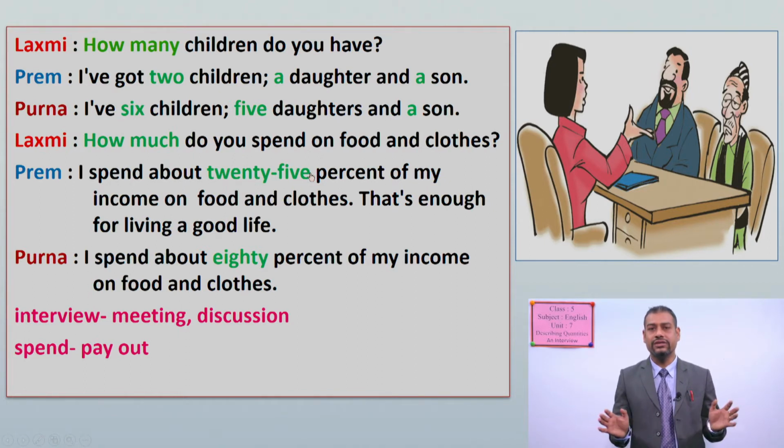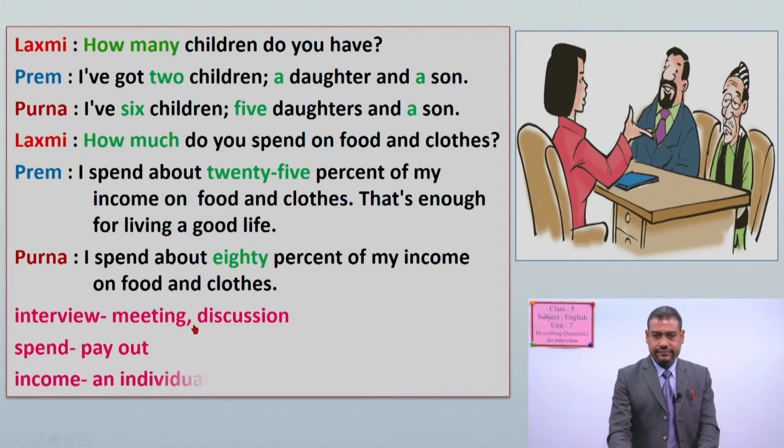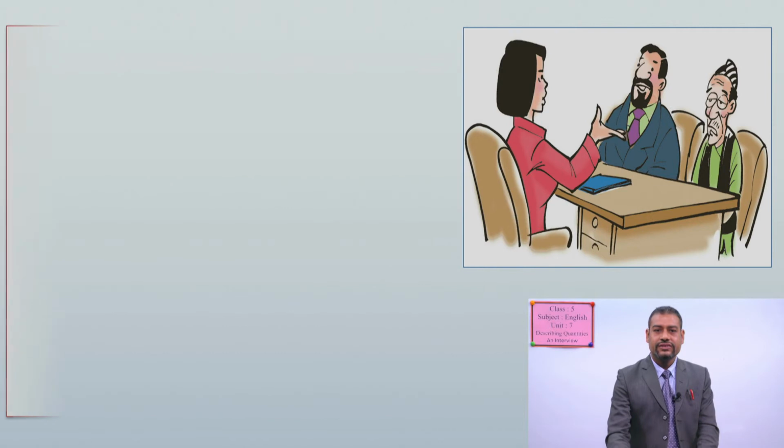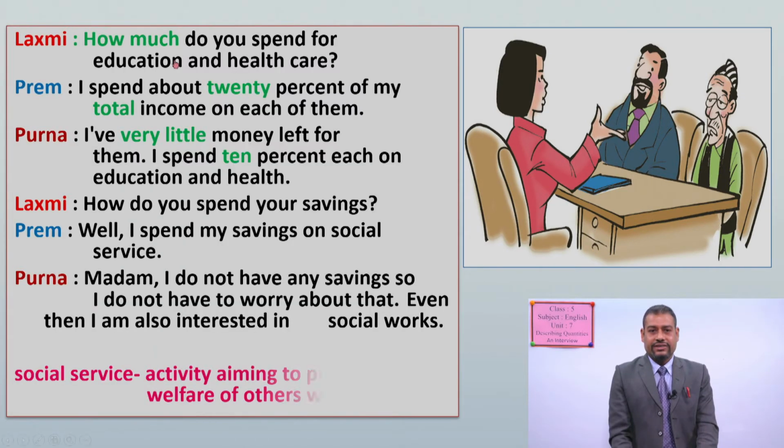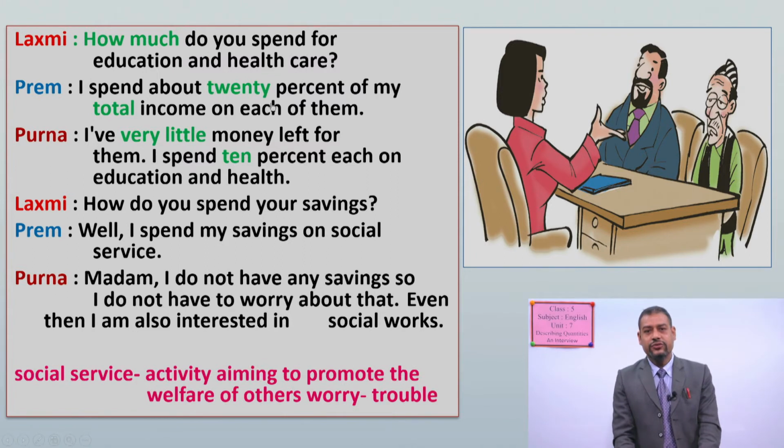So, you shouldn't forget. So, here also, in the next slide also, you can see the same thing. See, how much again? How much do you spend? 20%. Okay? And Prem says 20%, Purna says very little. Okay? Very little means how much? Can we count?